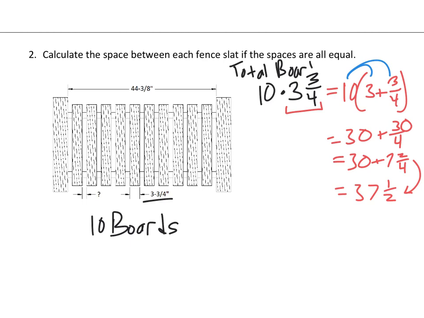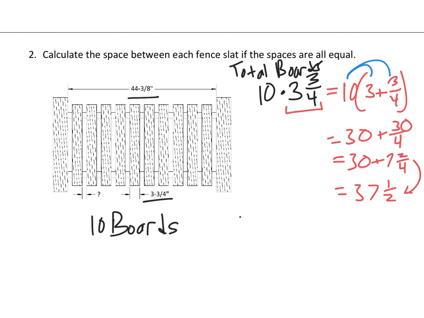So all the boards together, if we were to scooch them together, would be 37.5 inches, but we have 44 3/8. So all of these spaces in between have to make up the difference. So we have 44 3/8 is the boards and the space.